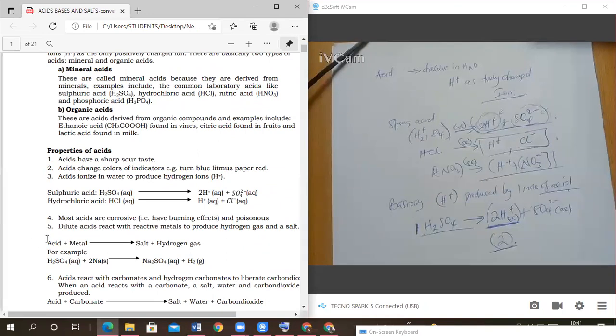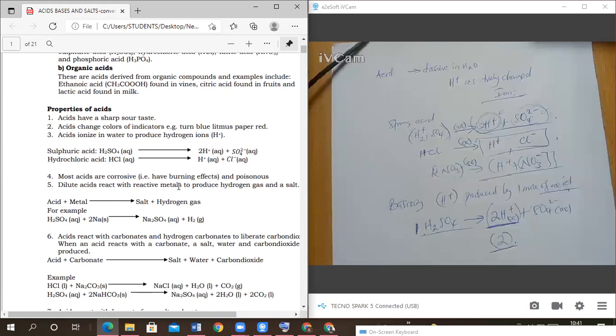Preparation of some salts, those most reactive metals, those between calcium and which one? We saw preparation of salts where you use an acid and a metal. Not those metals that cannot displace hydrogen from the acid.